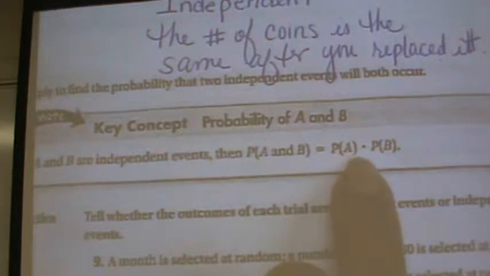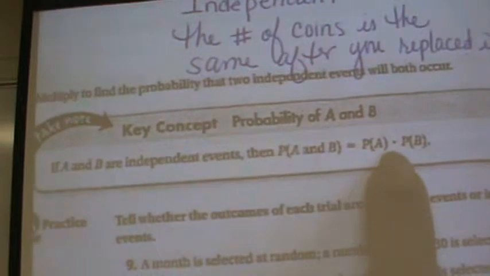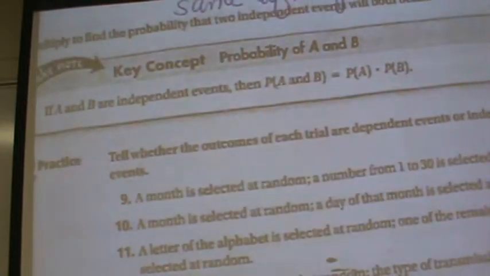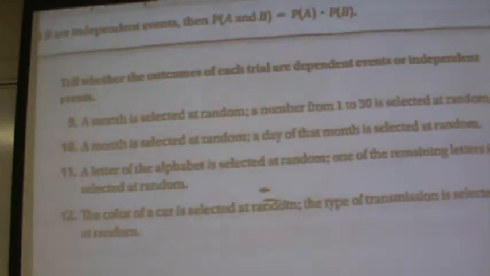I want you to start thinking about this. You're going to multiply the probabilities. If one event does not affect the other, it's not going to change the outcome, then you multiply the two individual probabilities, and we'll do that in a minute. But right now, let's decide for 9 through 12 whether these trials are independent or dependent.